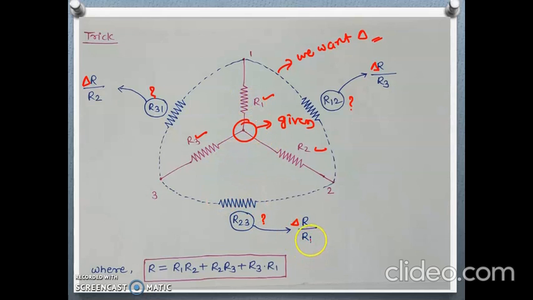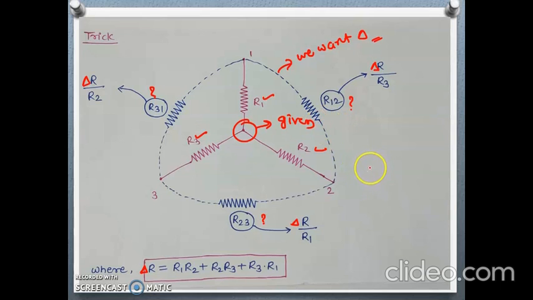In case of R31, which is connected to point 3 and point 1, its opposite is R2, so right here R2. And we have already discussed that delta R is the sum of products of two resistances each time. In this way, we can convert the given star to its equivalent delta.